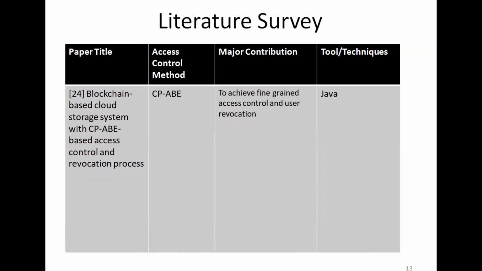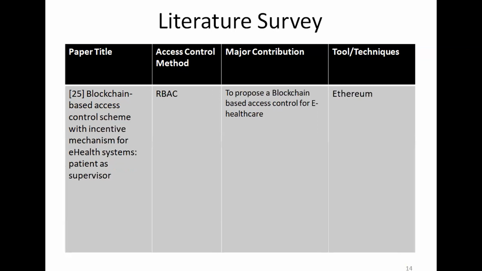In the same way, in this paper, there is blockchain-based cloud storage using capability and attribute-based encryption. Here the capability is generated in terms of a token, and for providing the privacy of users' data, attribute-based encryption is used. The same framework has already been implemented using Java technology.